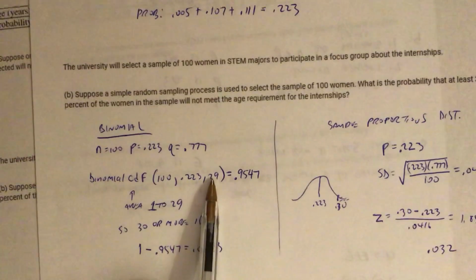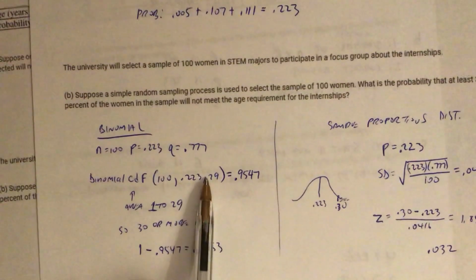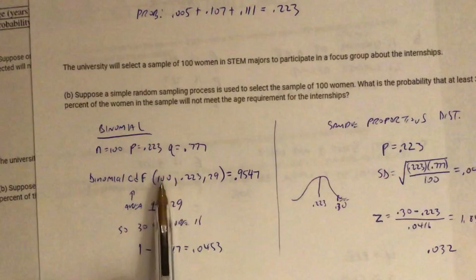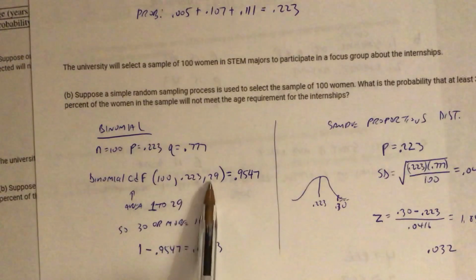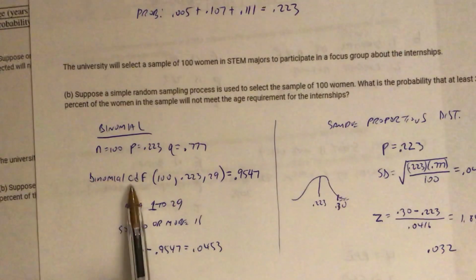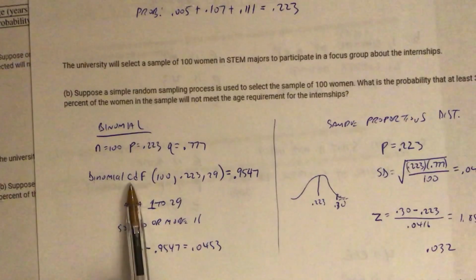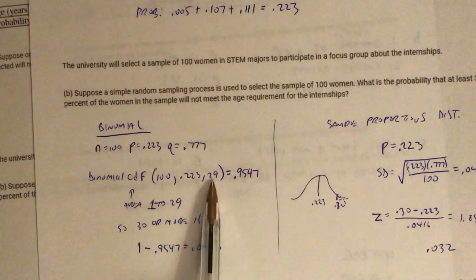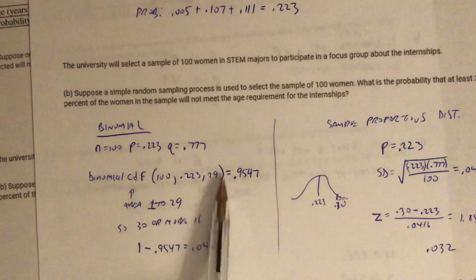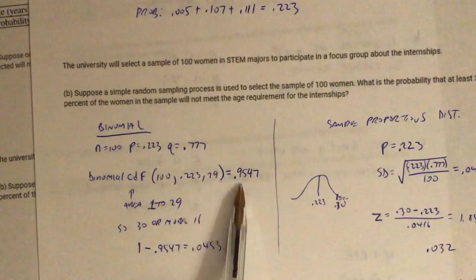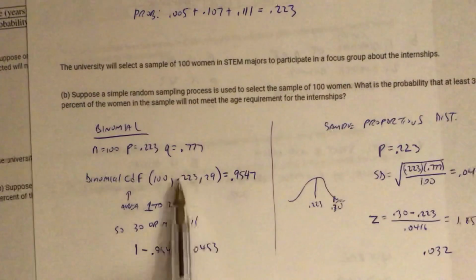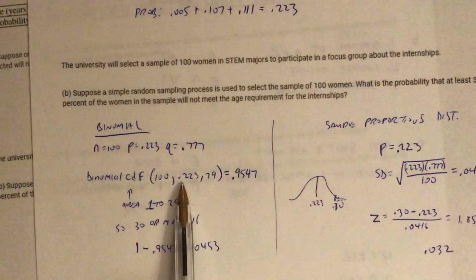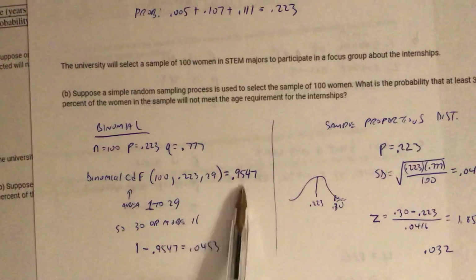So that would cover what I actually don't want. I want 30 or more, but this will do up to 29. So what's the probability that in this sample of 100 women, I get 0 to 29 of them that meet the criteria? Well, it's a pretty good chance because I said each one of them has a 22% chance. So being between 0 and 29 is likely to happen.